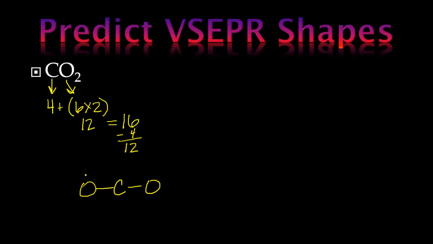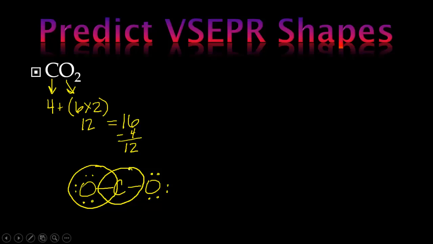Now those 12 electrons need to go on the outside first. So 2, 4, 6, 8, 10, 12. Checking for octets, oxygen is good, but carbon is not. So we remember, if we do not have an octet around our central atom, we steal from, or I guess share from, the outer elements. So I'm going to take 2 from my oxygen and move them to the middle and make a double bond.